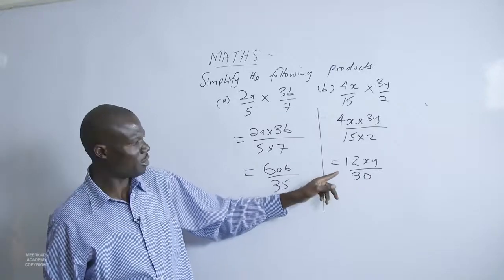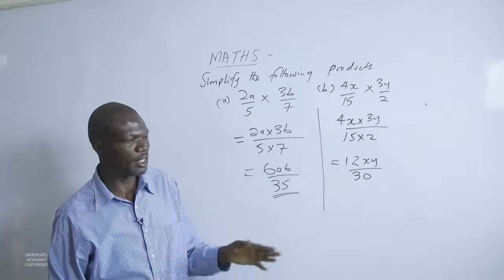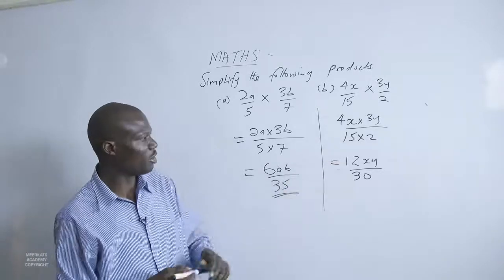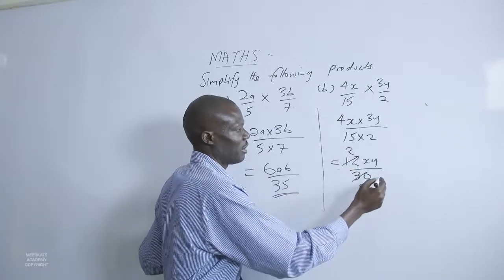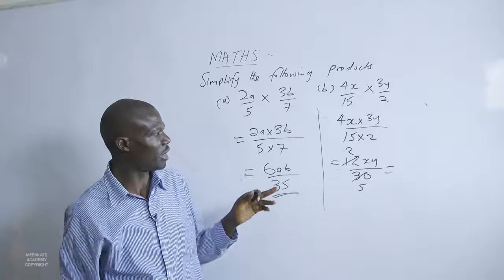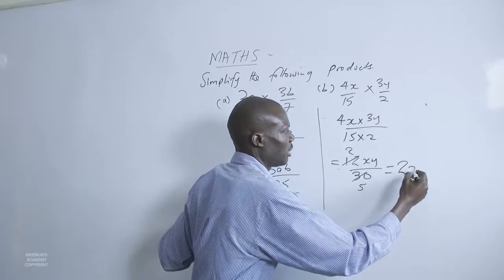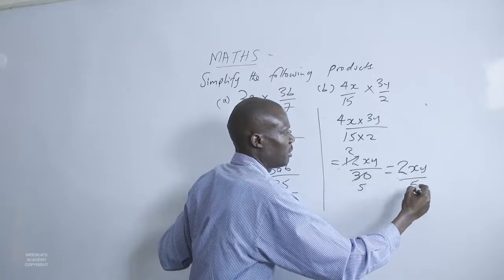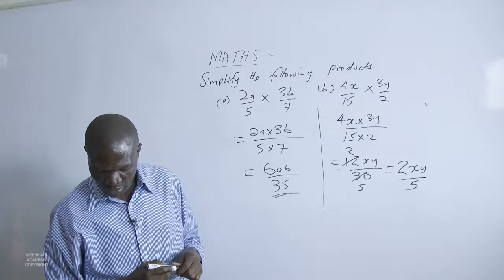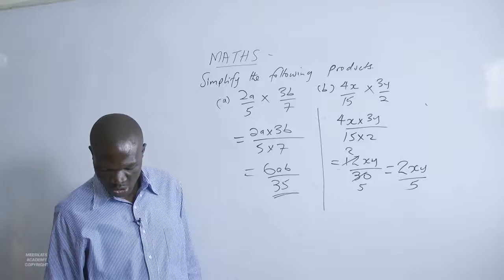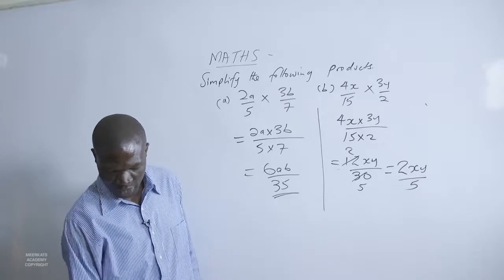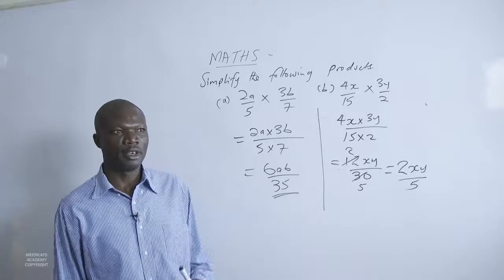What is a common factor between 12 and 30? You realize that 6 is common for both. So we divide here by 6 is 2, by 6 is 5. So when you reduce this, you'll find it remains 2xy over 5.